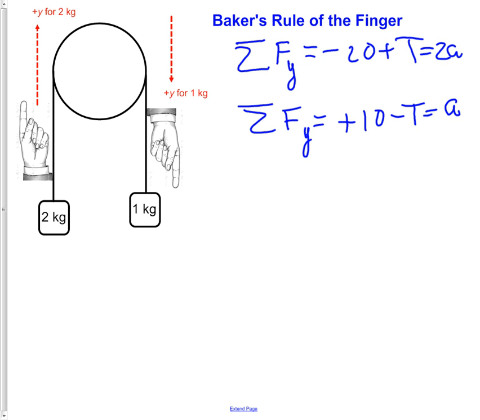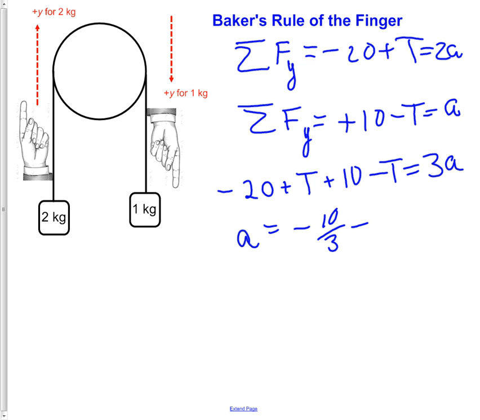And now if you add those two equations, you get minus 20 plus T. I'm going to add these two equations. Okay, so we get plus 10 minus T equals 3a, or a is equal to minus 10 over 3, minus 3.33 meters per second squared.